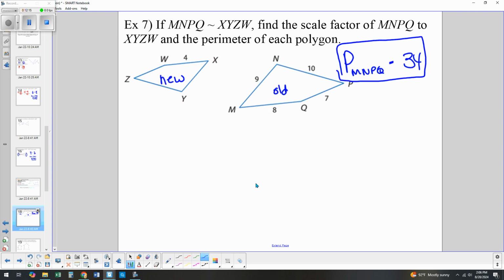For scale factor, I know I'm going to compare the only side I know in this one, which was WX, with the corresponding side MQ. So new over old, 4 over 8, the scale factor would be 1/2.